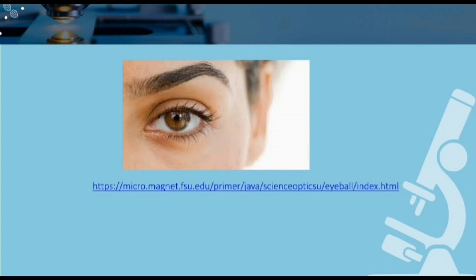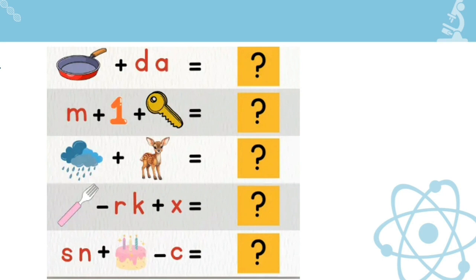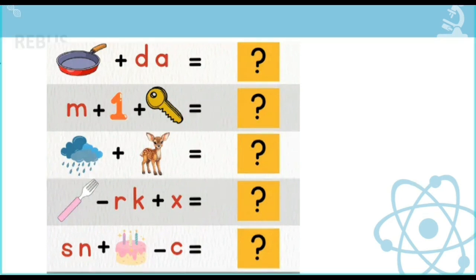Any clarification, class? None? Then, let's sum up our lesson by answering the following rebus. Are you familiar with the rebus? No? Okay, let's try. A rebus is a combination of words, pictures, and numbers.